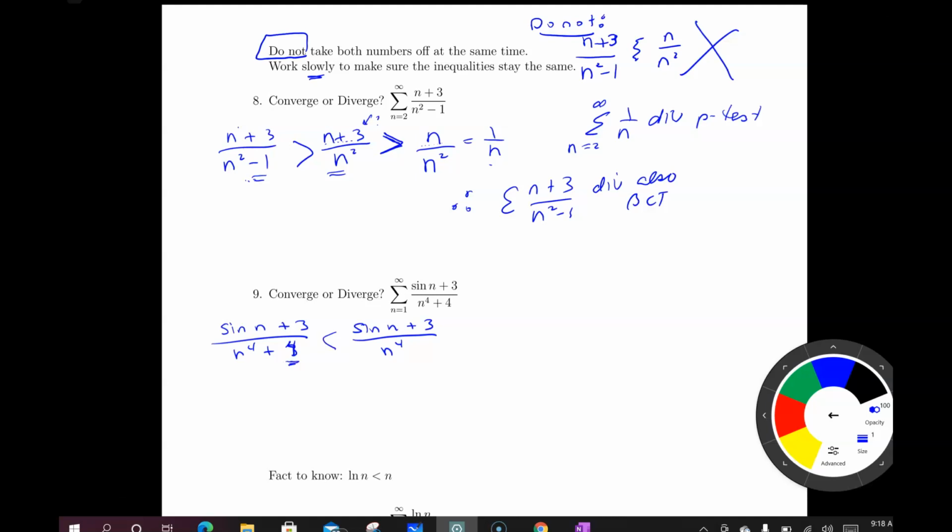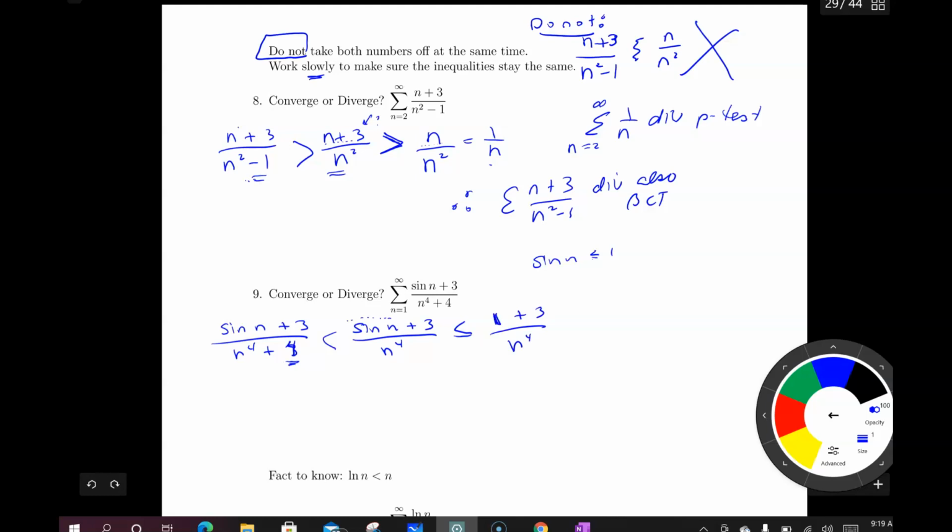Okay, so if I want to get to a p-test, I want to get rid of the sine. So what do I know about sine? I know that sine of n is always smaller than or equal to 1, correct? So in order to keep the inequalities the same, couldn't I replace sine of n with 1?